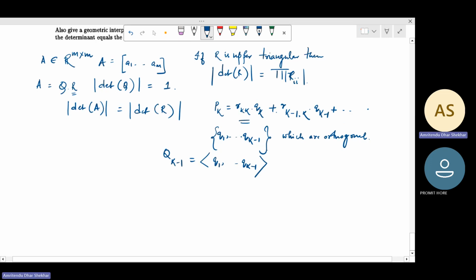What we're doing over here in the Gram-Schmidt process is writing pk as equal to some vector which I'm going to call pk prime, plus a vector pk tilde that belongs to Qk-1. So pk tilde belongs to Qk-1, and pk prime is orthogonal to this.